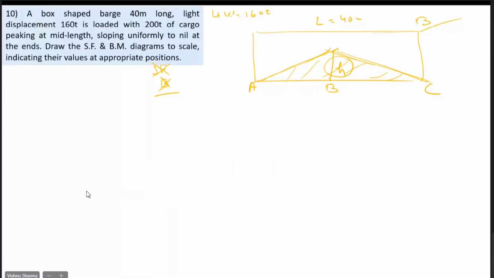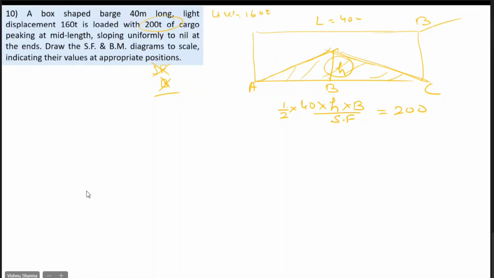Okay. So let's say what is the weight of the cargo? It will be the volume of the cargo. How much will that be? Half, base is the length of the barge, multiplied by height h, area of the triangle, multiplied by the breadth, volume, divided by stowage factor. This becomes the weight of the cargo, and this is given as 200 tons in the question.